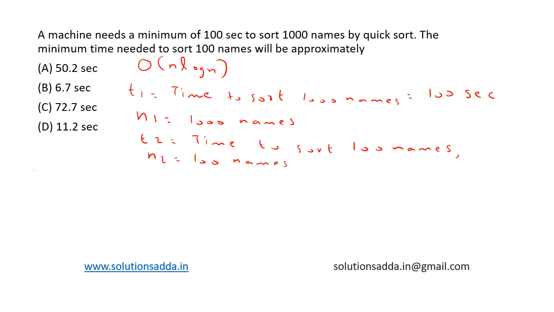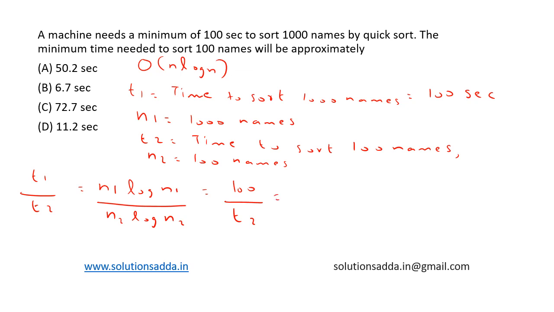Now let's calculate the ratio T1 upon T2. It will be equal to N1 log N1 divided by N2 log N2. Substituting the values of T1, T2, N1 and N2, we get T1 is 100, T2 we are about to find out. 100 by T2 is equal to 1000 log 1000 divided by 100 log 100.